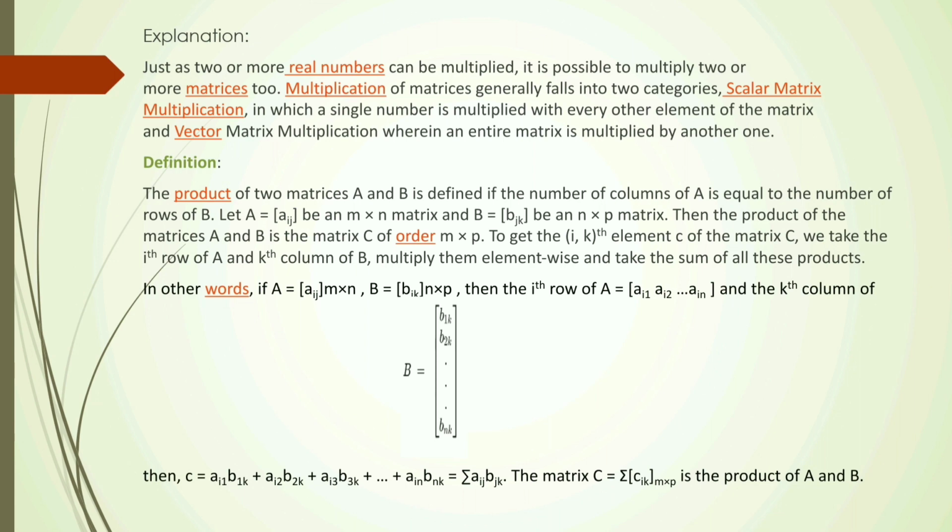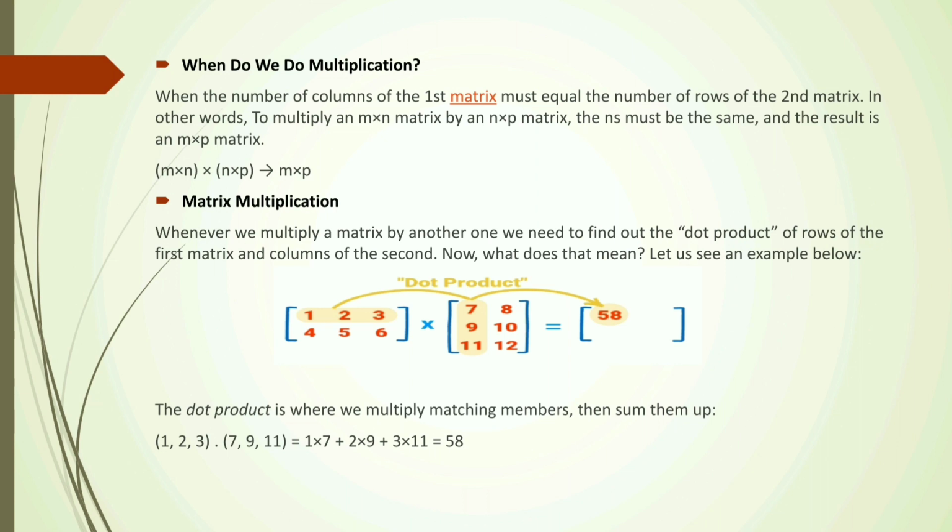In other words, this multiplication can be written in equation form as c_ik equals a_i1 b_1k plus a_i2 b_2k plus ... plus a_in b_nk. Many students have a doubt: when do we do multiplication?